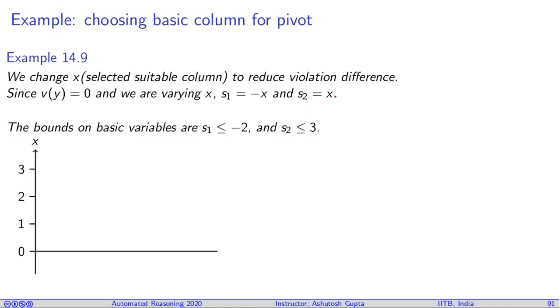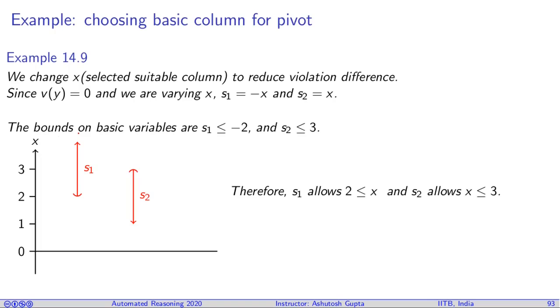So let's plot it. If you change x, how does it impact the value of s1 and s2, and what range of values of x is allowed for them? So you plot it. The relation for s1 is s1 equals minus x, and s1 is less than or equal to minus 2. It says that if x is in this range, I'm good.